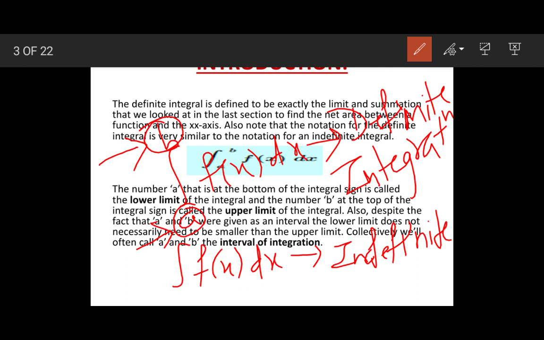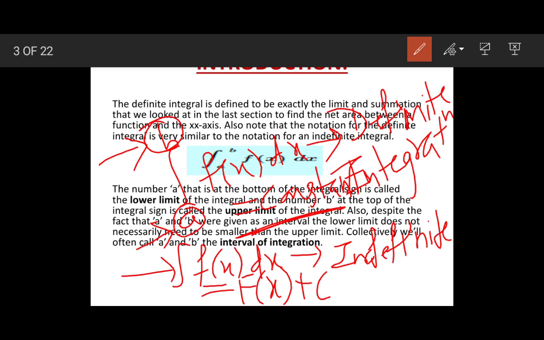Then fourth thing is that in the indefinite integral we get the answer as a function of x. Here when we integrate we get the answer as f of x plus c. Okay, while in the definite integral we get a numerical answer, we get some constant value. Here we don't get any function, any variable.